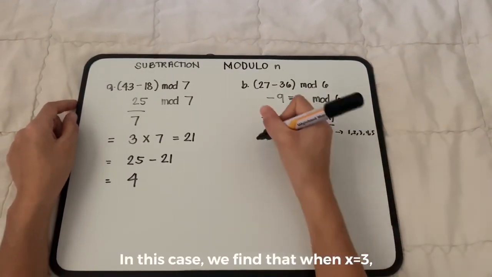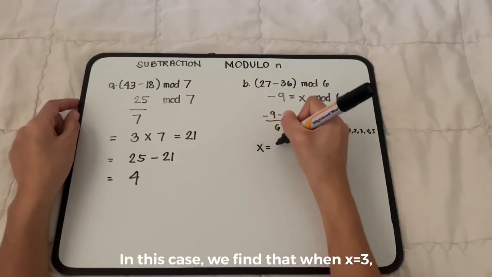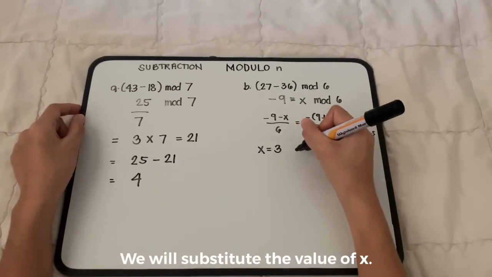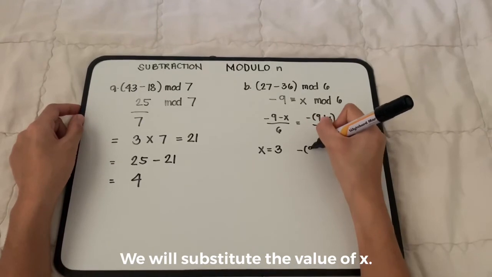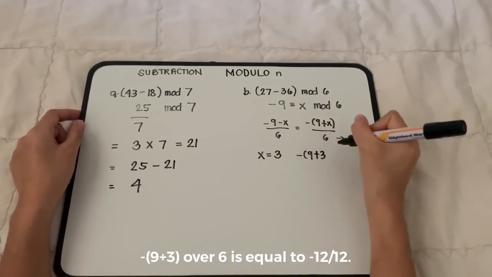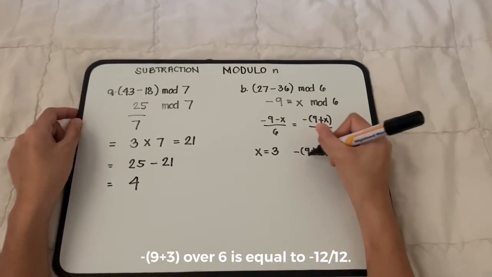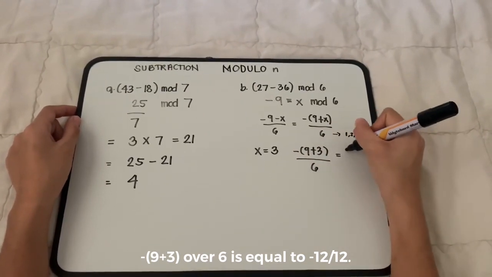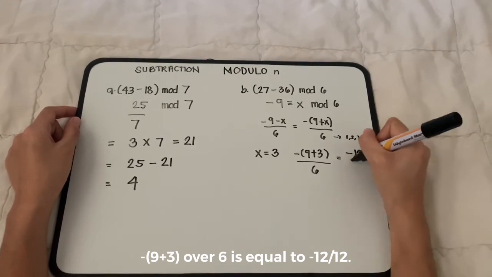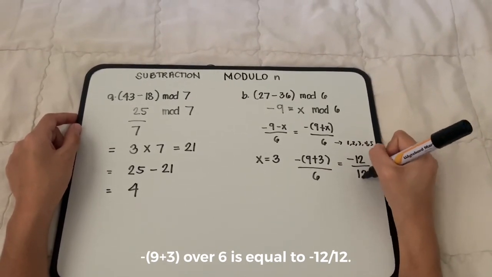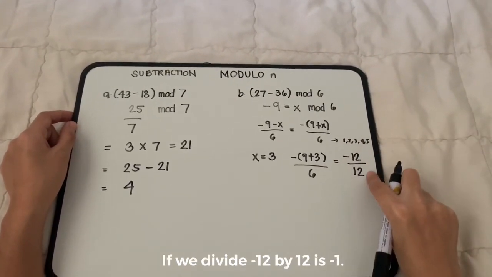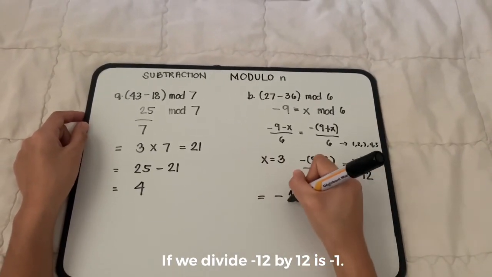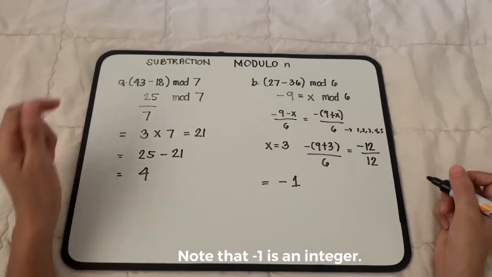In this case, we find that when x is equal to 3, we will substitute the value of x, negative 9 plus 3 over 6 is equal to negative 12 over 12. And when we divide negative 12 by 12 is equal to negative 1. Note that negative 1 is an integer.